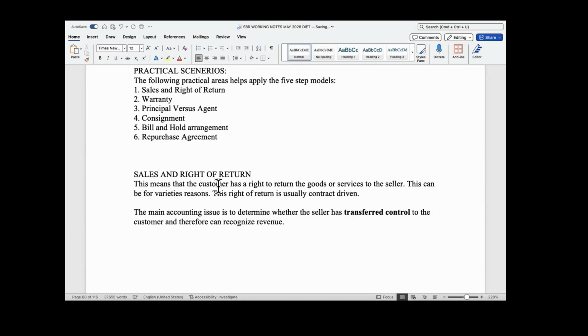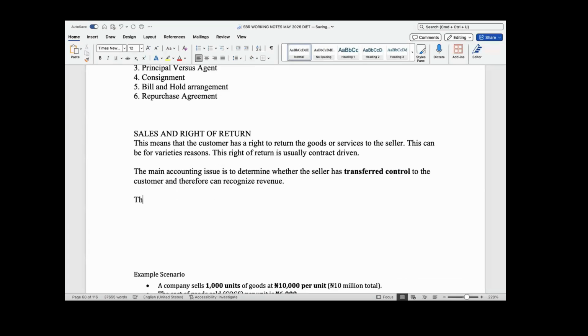And how do we determine that? So the idea is this. You see, the seller cannot recognize revenue on goods which the customer has a right to return. A lot of people make this mistake in practice.